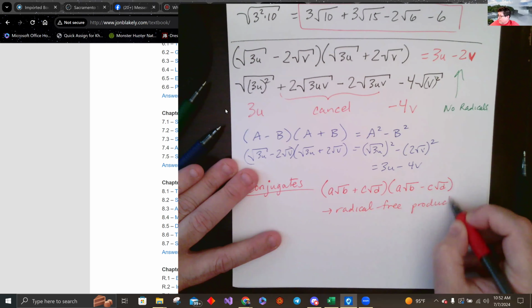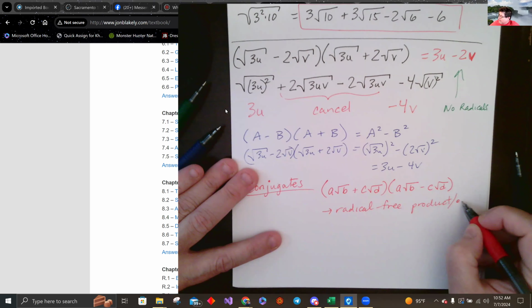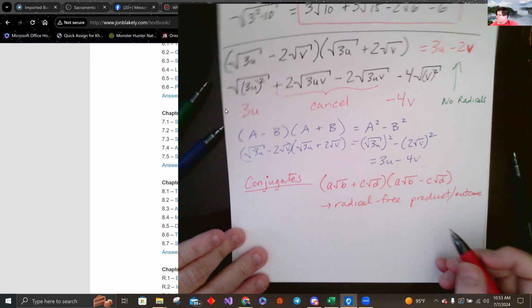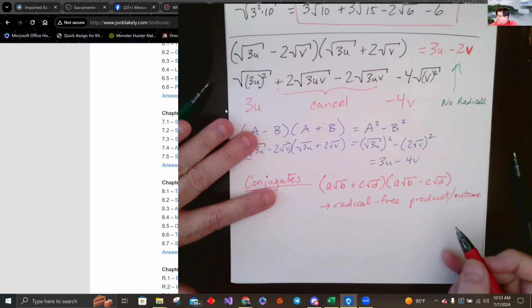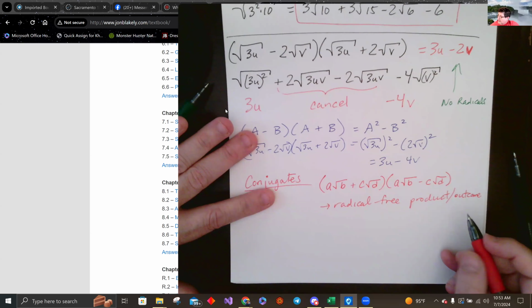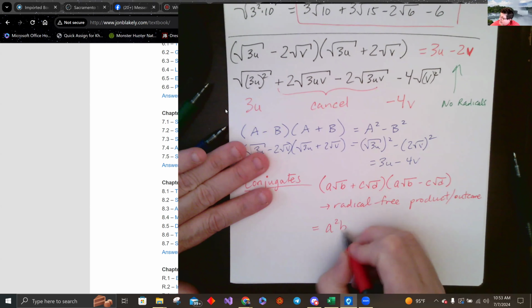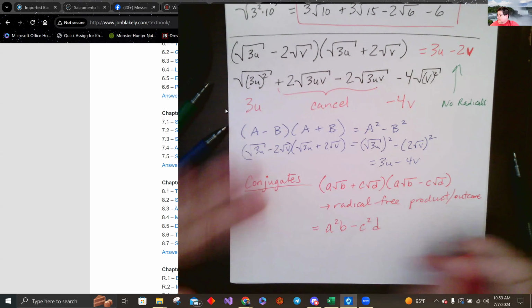Or outcome. Product is the result of multiplication. It actually ends up equaling a squared b minus c squared d.